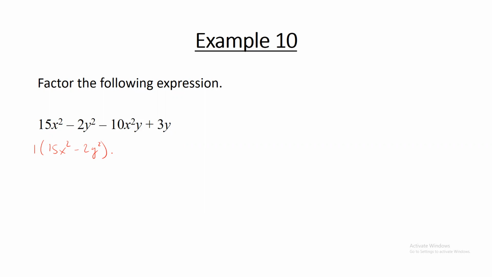You can factor out a minus y out of the second group because they both have a y, and you want to change those signs to match. You're left with 10x squared plus 3 once you factor the y out. And now we're in a bit of trouble because the binomial in this parenthesis is not the same as the binomial in the second parenthesis.